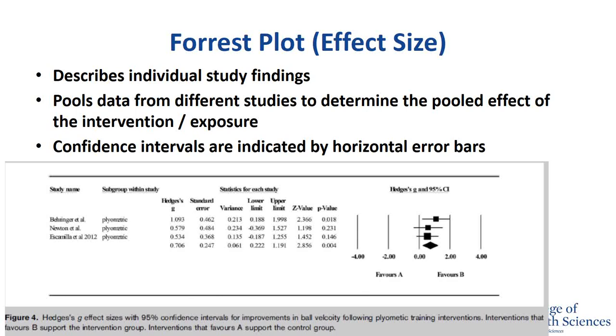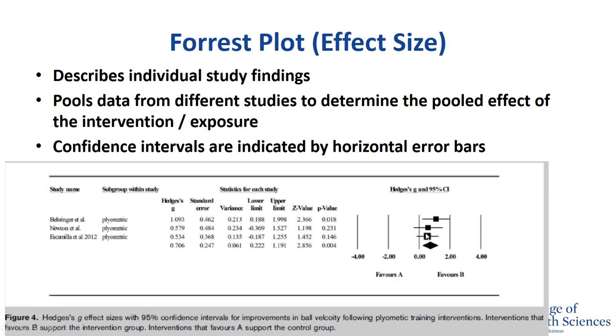And so these 3 studies are all about plyometric exercises. We had different types of exercise that we did different separate forest plots with. So you can sort of see the confidence intervals are on the horizontal axis of this data, indicating that the individual studies have the point estimate and then the variance.